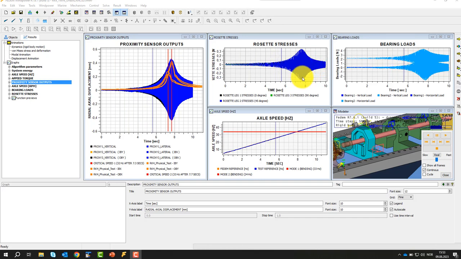You can also see it on the stress rosettes, the strains and stresses from the strain gauge here, and you can see it on the bearing loads. And these are sensor outputs, the bearing loads and the rosettes, that are not available directly from the physical test rig. And that is why FEDEM is really well suited for condition monitoring.